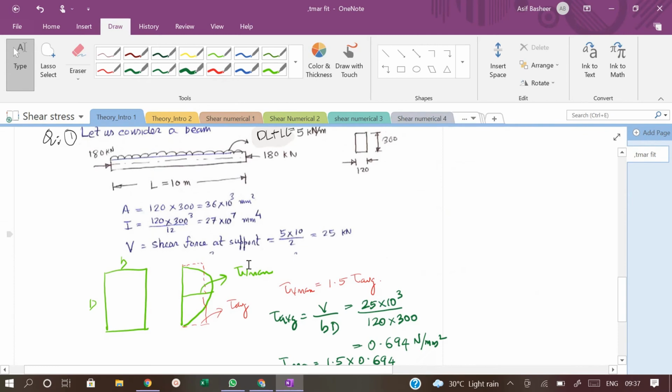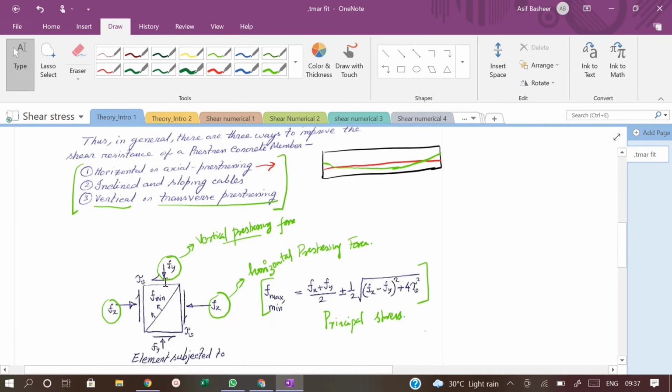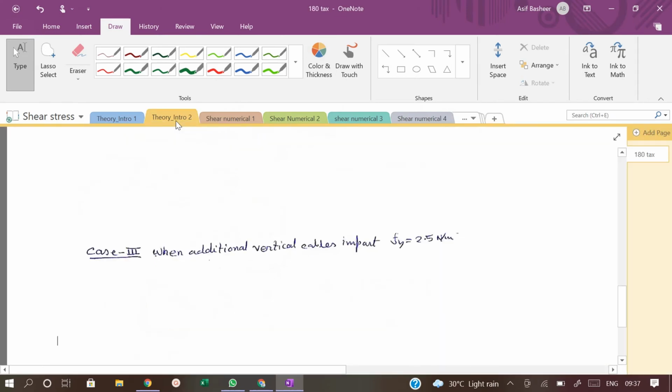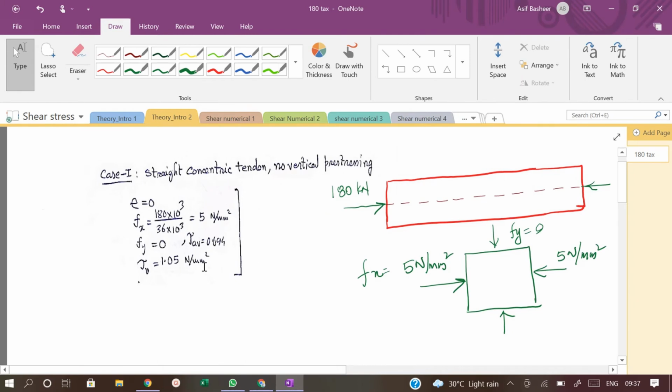That is, you can represent this diagram by this. There is a shear stress acting, whose value is 1.05 Newton per mm square.